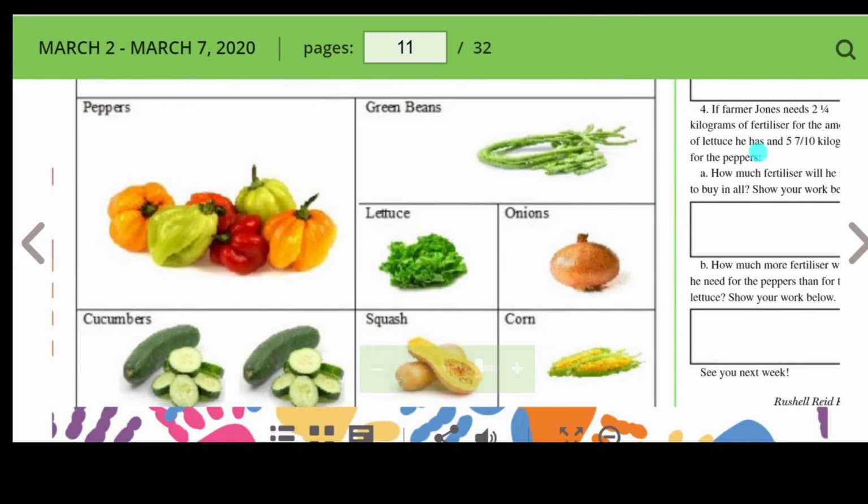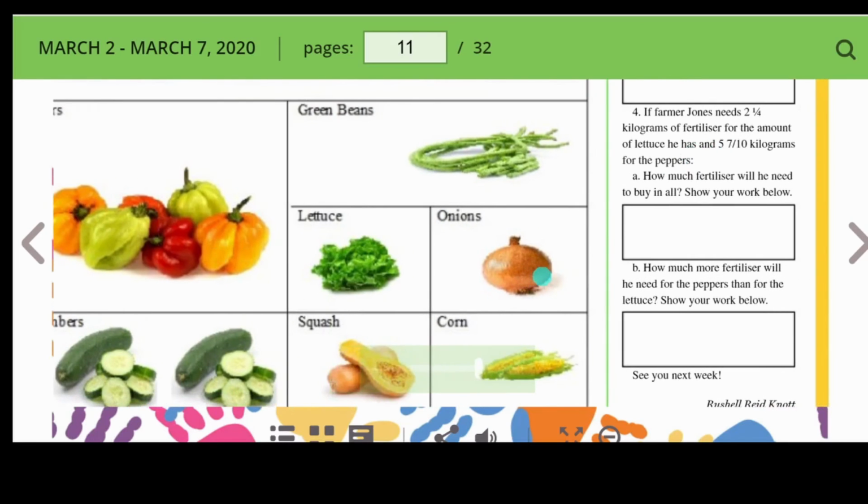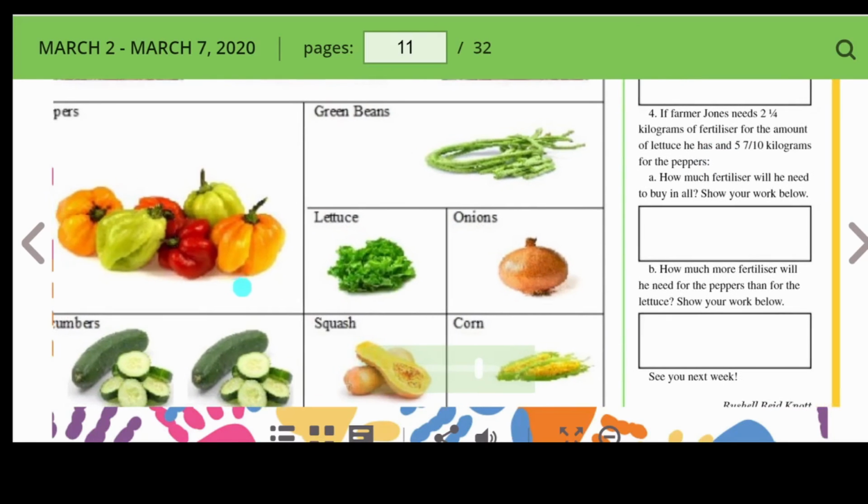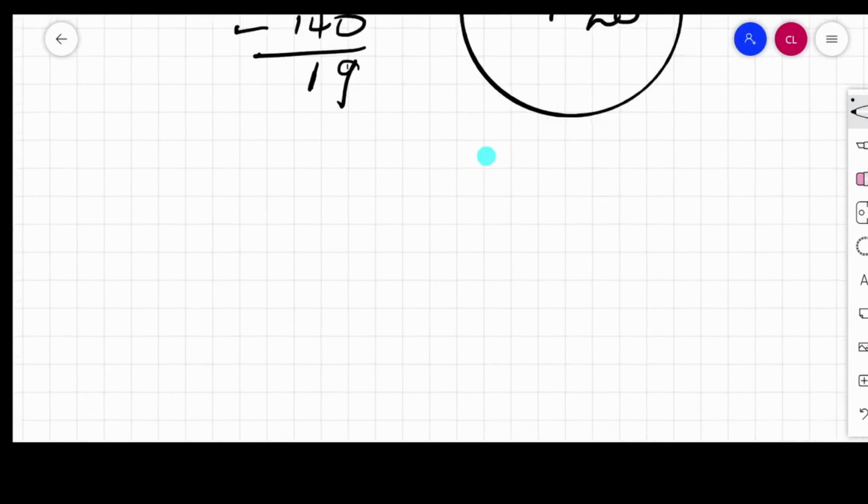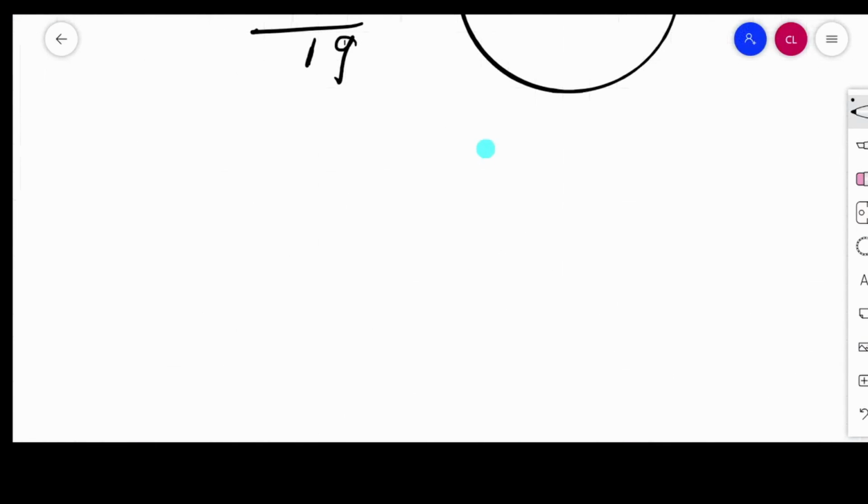How much more will you need for the peppers than the lettuce? So I'm thinking for that one we're going to need to do some subtraction. So it would be 7 and 5 tenths, and we're going to take from that the 2 and a quarter.